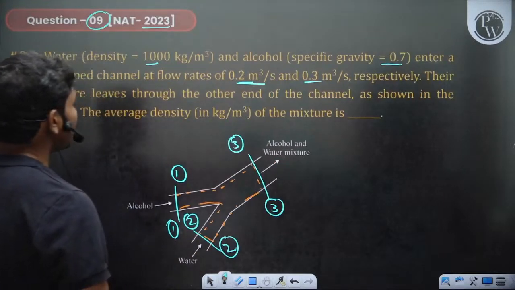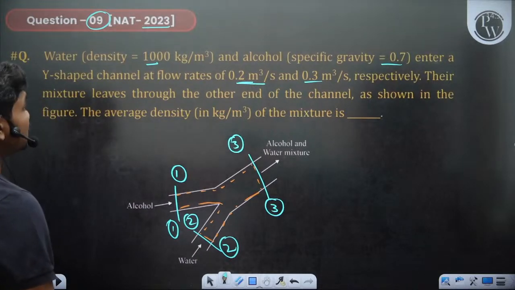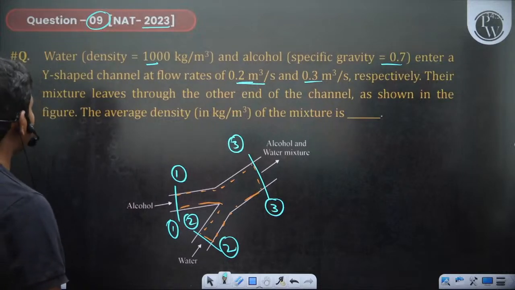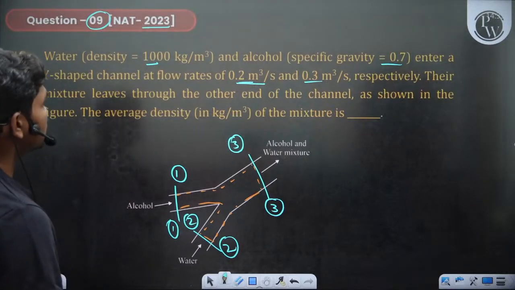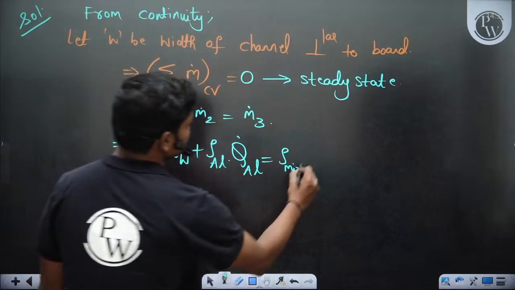They are asking for the average density of the mixture leaving, in kg per meter cube. What else have they given? Nothing, that's all.